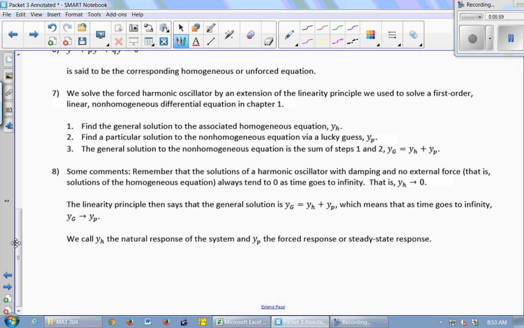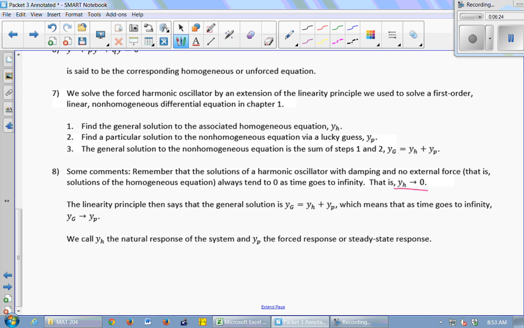Okay, so a few comments. Solutions of a harmonic oscillator with damping and no external force, so solutions to the homogeneous equation, the unforced equation, always tend to 0 as time goes to infinity, right? Y homogeneous will always go to 0 because that spring will always die out. The damping force will always win.